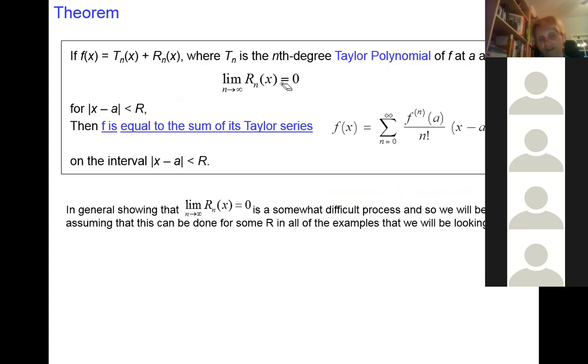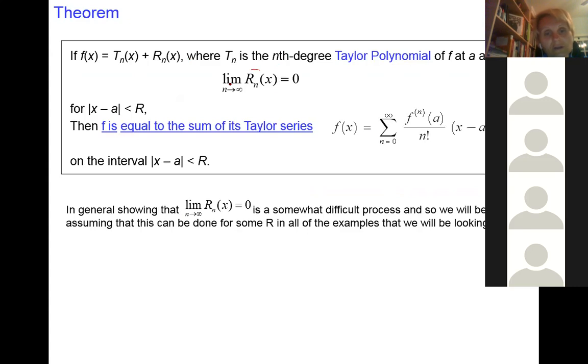They behave as 0. I mean, the remainder approaches 0. Right? Then the function is equal to the sum of its Taylor series. Okay? And then of course we still have infinity, but if the rest of the terms are becoming 0, then we can say that the function really has this Taylor series representation.